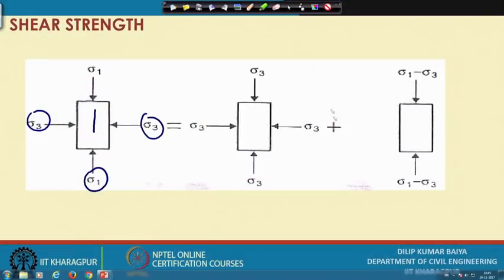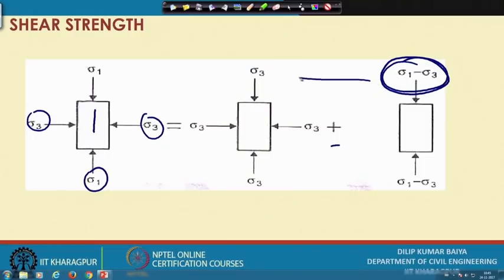Initially we have applied sigma 3 in all directions, plus we have applied this. Whatever we have applied is nothing but sigma 1 minus sigma 3. If I add these two, we get this. So the additional axial stress we are applying is nothing but sigma 1 minus sigma 3.